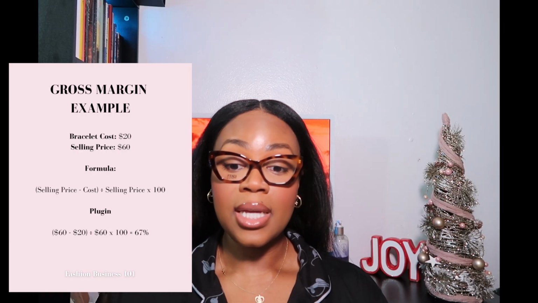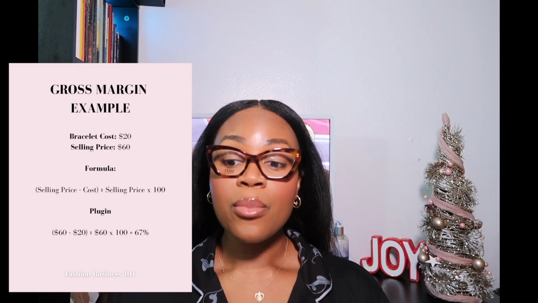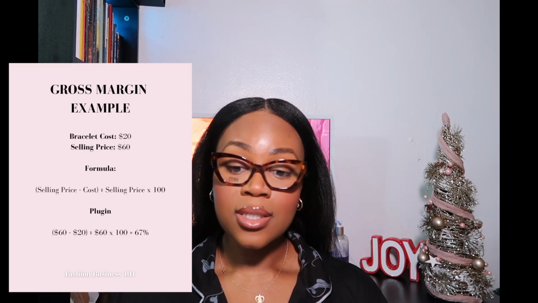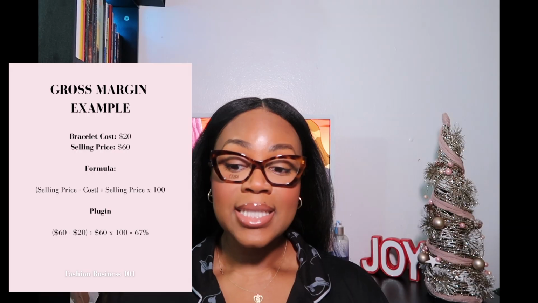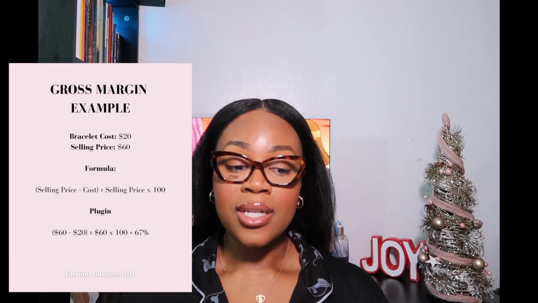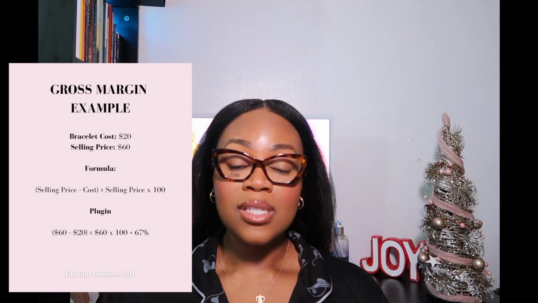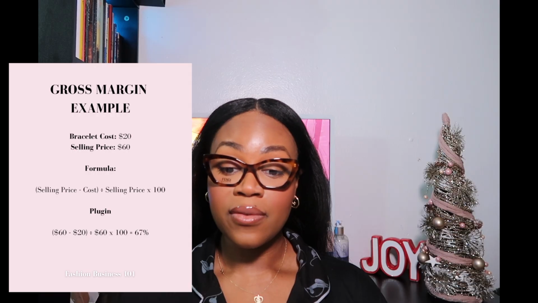Now calculating the gross margin, also known as margin. If a bracelet costs $20 and you sell it for $60, your margin is 67%. As you can see, we're using the same numbers, but the outcome is going to be different because the formulas are different.